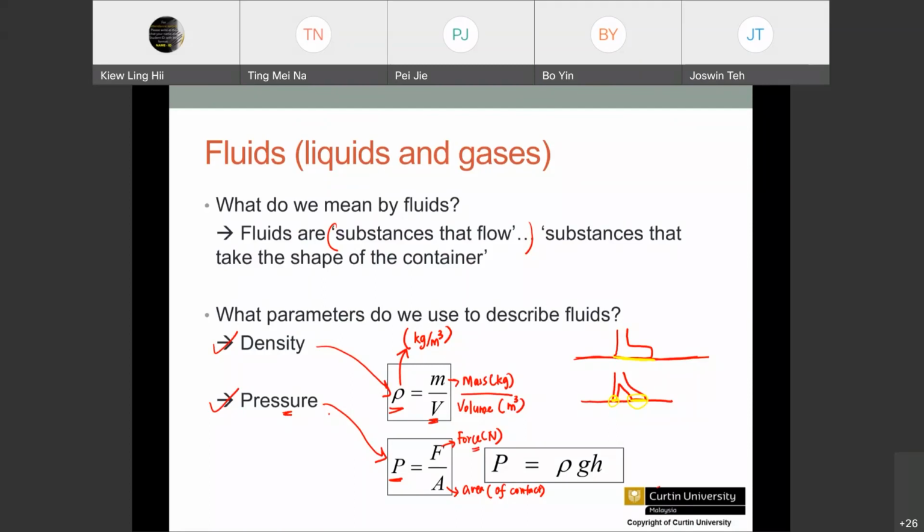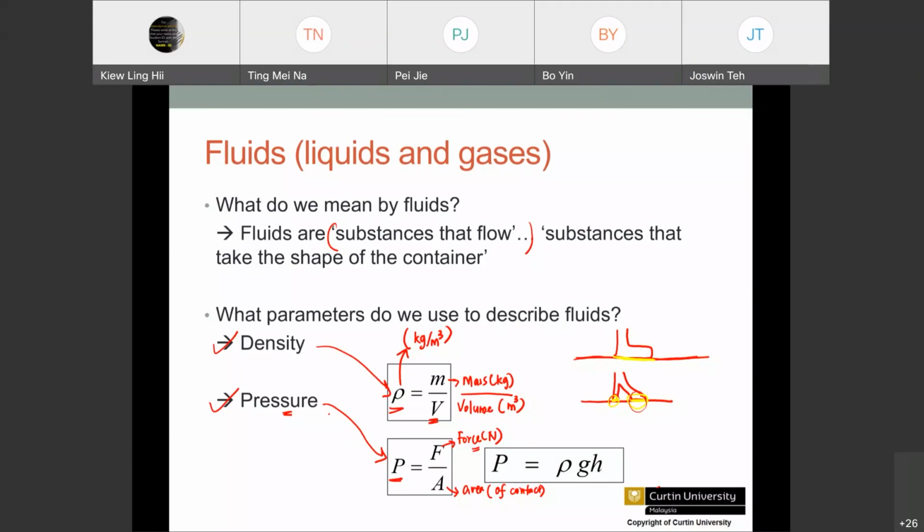So if you are wearing high heels shoes, which means your area of contact is now smaller, then the pressure that applies is also higher. So boys, if you laugh at girls, hey, you are so heavy, the pressure that you apply is so high, they will say no, it's not because I'm heavy, but because the contact area is smaller.